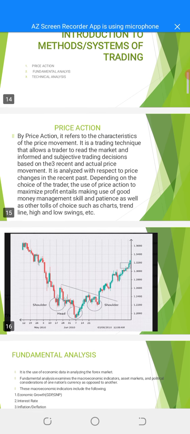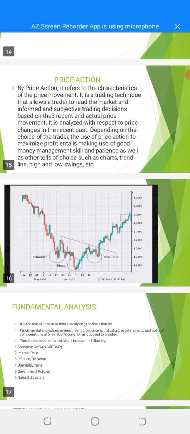Now, the first one is price action. What is price action? Price action refers to the characteristics of the price movement. It is a trading technique that allows the trader to read the market and make informed and subjective trading decisions based on the recent and actual price movement.